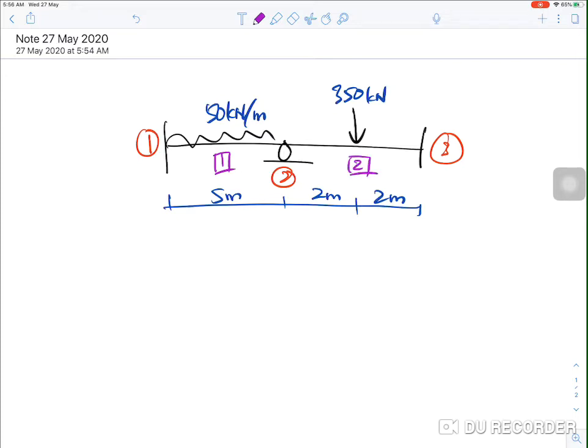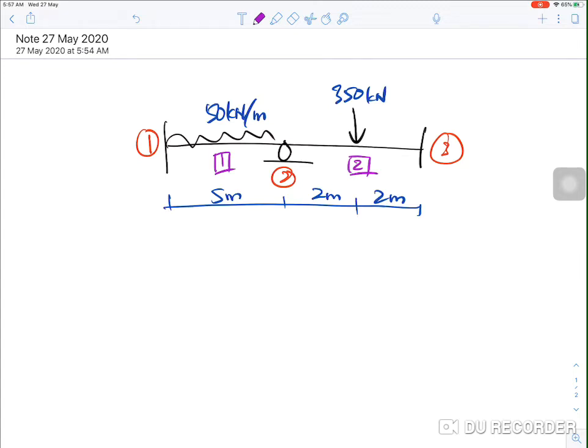I want to focus on the analysis of equivalent element nodal forces, in order to establish equivalent nodal forces. I just want to focus on Q naught.